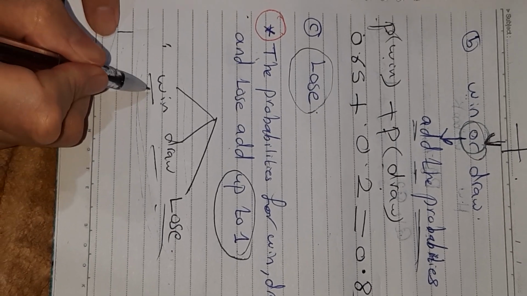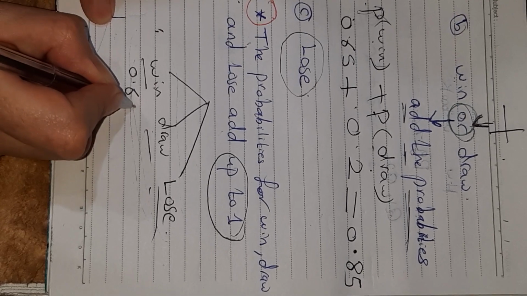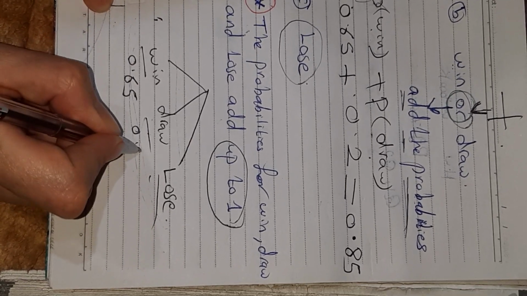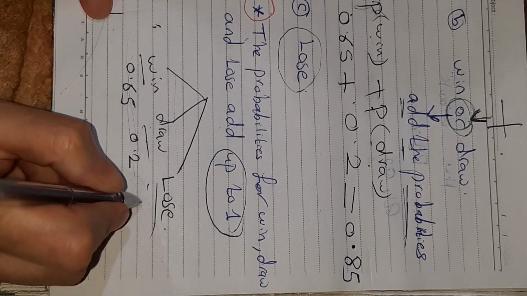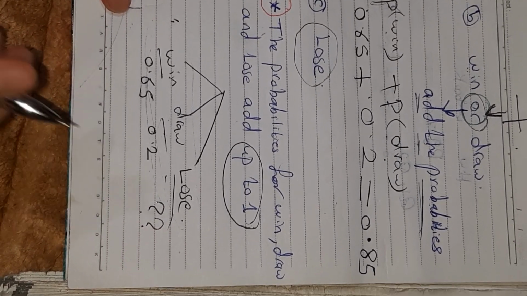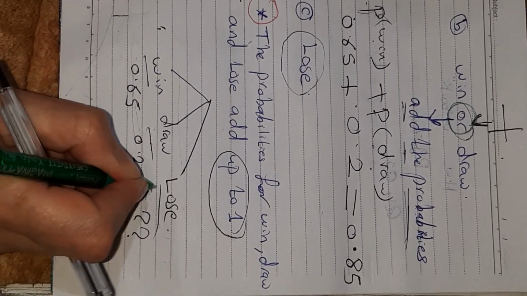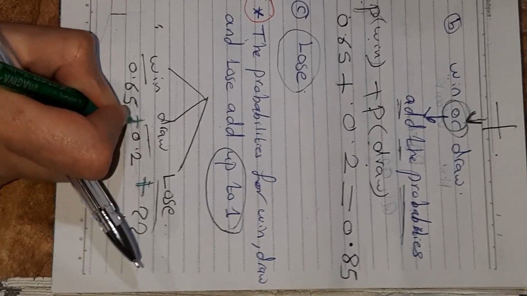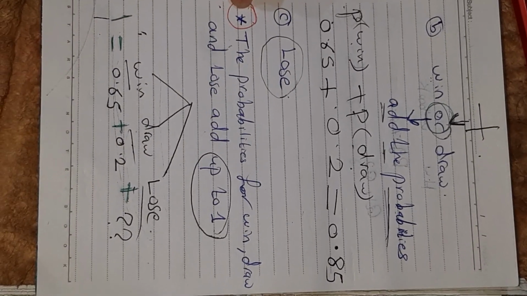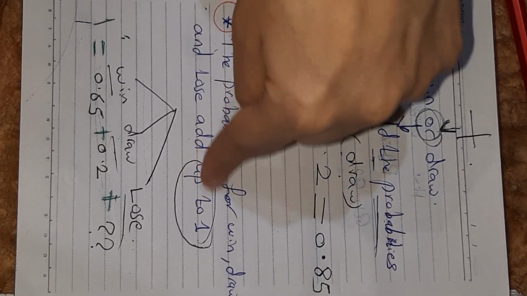Look, the probability of win, how much? 0.65. This one, 0.2. Here, we don't know. But we know if you add these 3 probabilities, you will get 1. Depends on this rule.